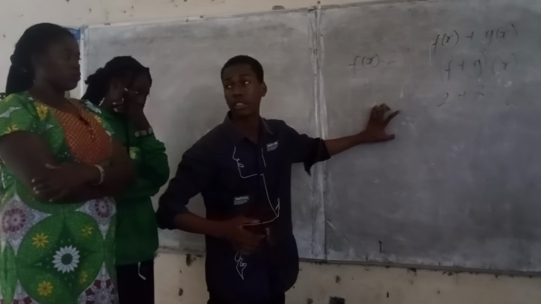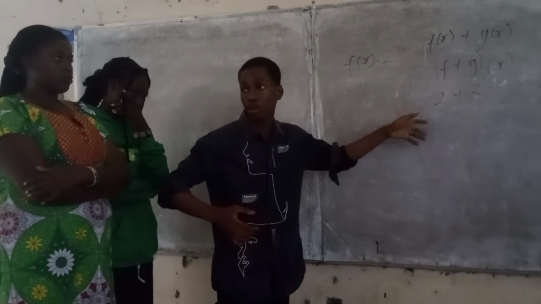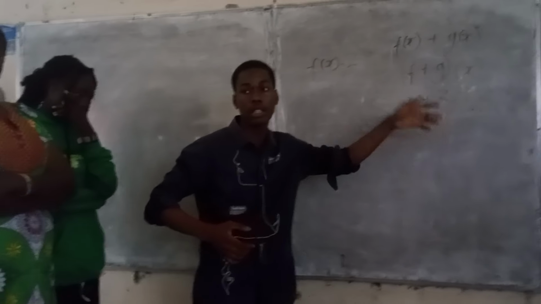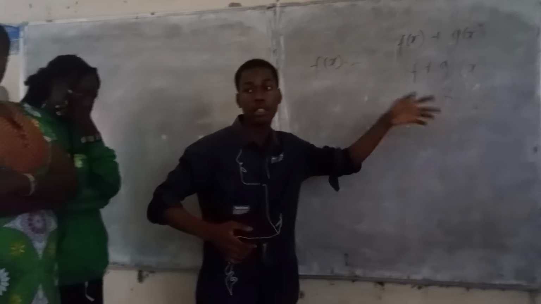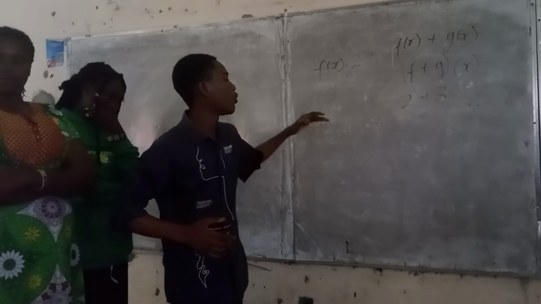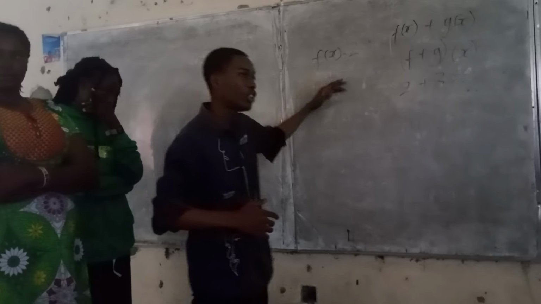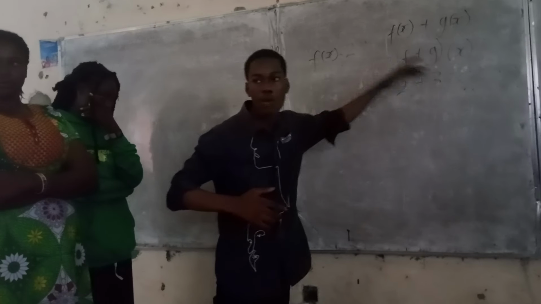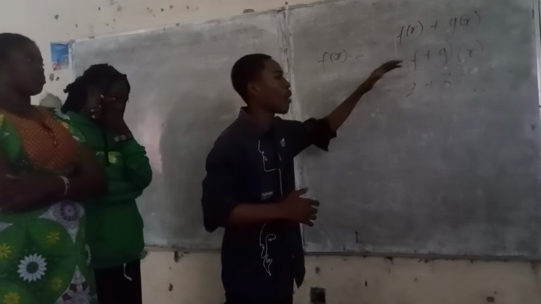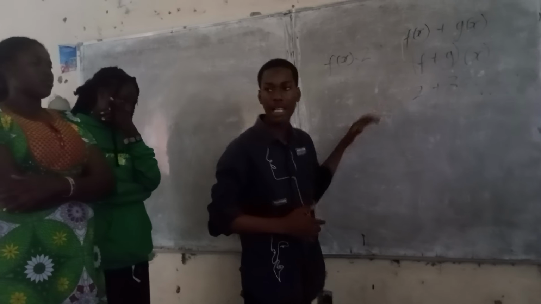Bracket. Then assign addition or subtraction in between the brackets. Then we take each value, adding or subtracting them by their power. So if we have x raised to power 3, we add the x raised to power 3. Then we have x raised to power 2, we add them or subtract them based on their powers.